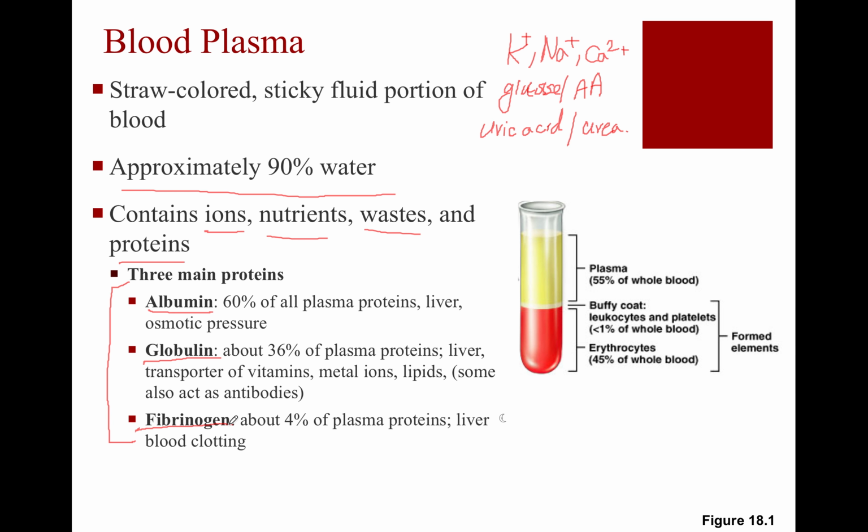Now, the key point that you guys do need to remember for the proteins of your plasma is that all of them are produced by your liver. So your blood technically doesn't produce any plasma proteins. All it does is receive those from your liver, and then they get transported into your blood.